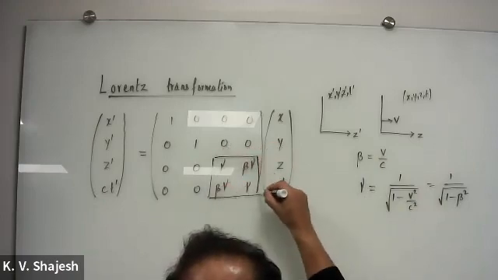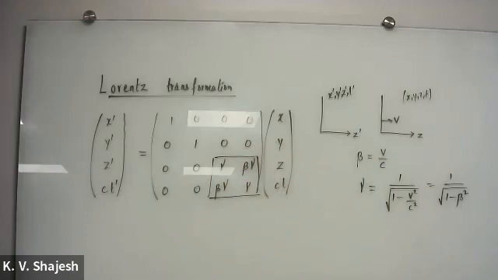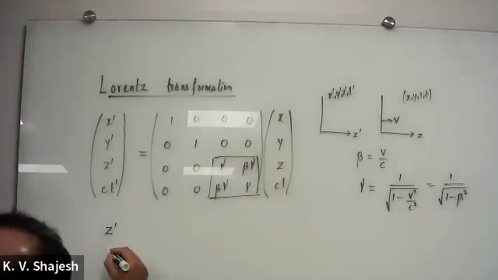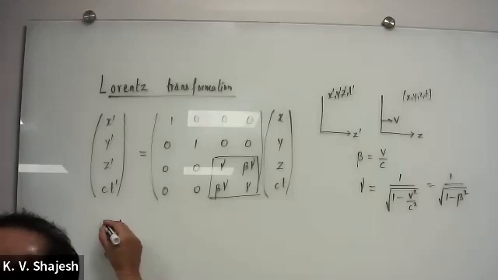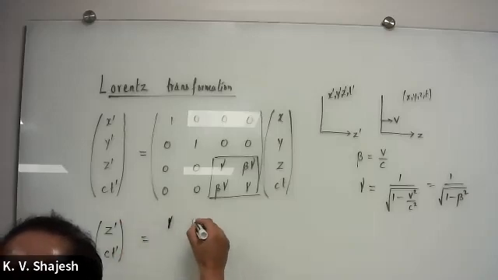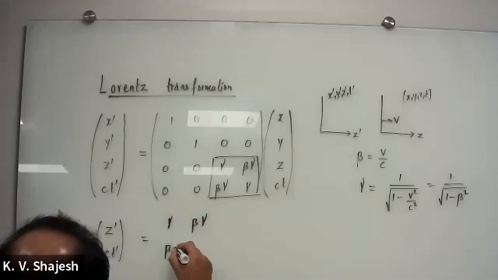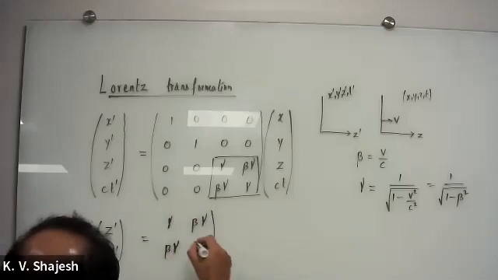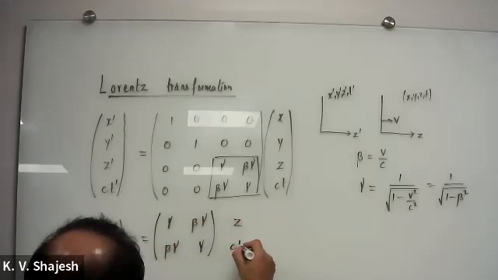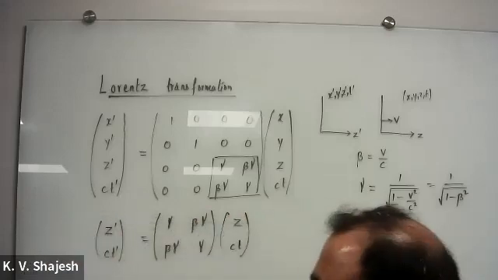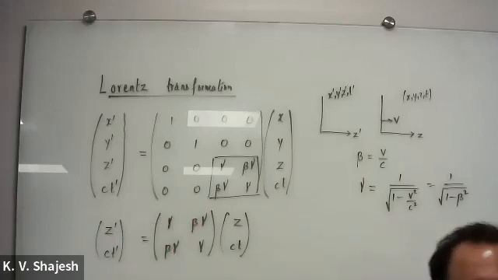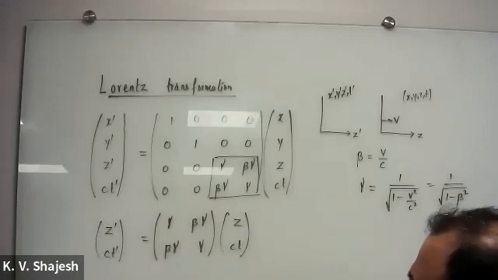So often you confine your attention just to this two-dimensional transformation. So we will often talk about c t prime, z prime equal to gamma, beta gamma, and so on. If you are to take the inverse of this, it's just got by replacing beta with minus beta. So that's all there is to it.